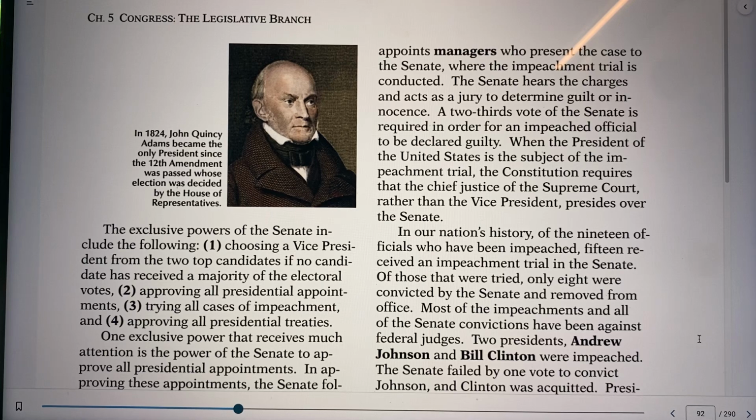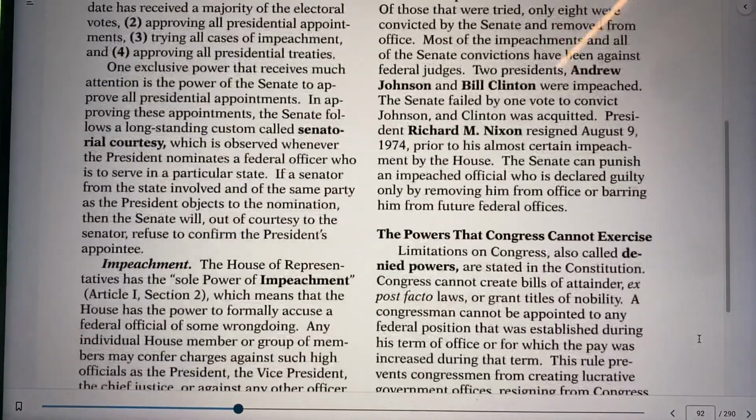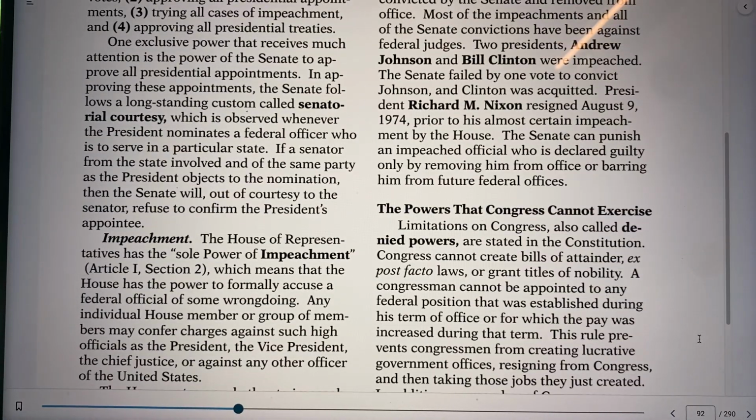You know, when there's a controversy, let's go down here, it talks about senatorial courtesy.